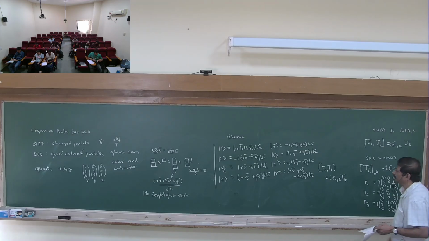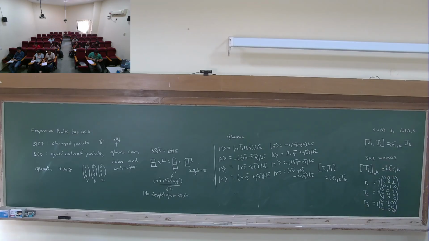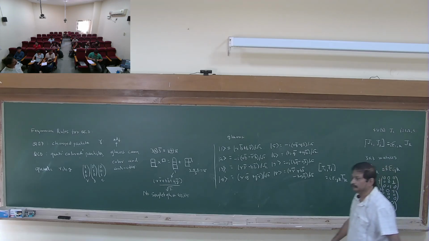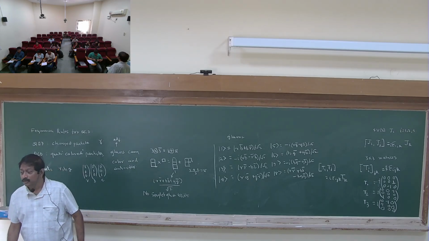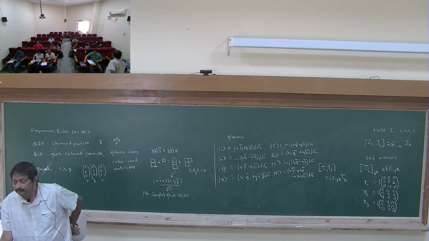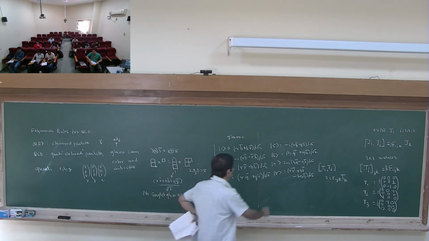Why does this thing look like this? Look at this quickly and tell me why you think it looks like this. What is that? One of the Gell-Mann matrices. So that's where this thing is coming from.